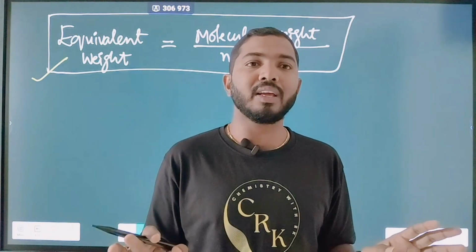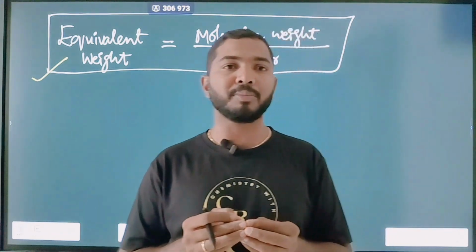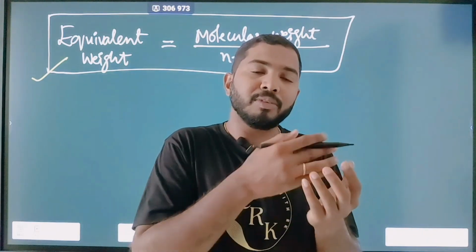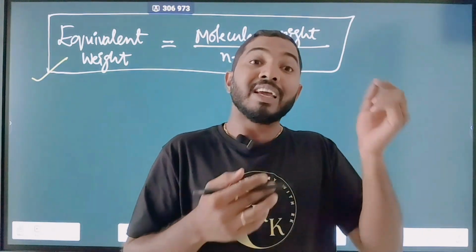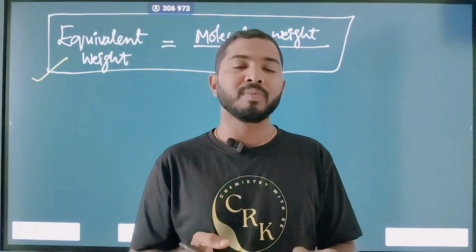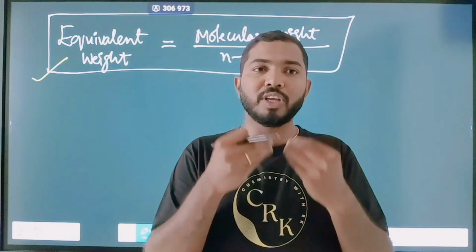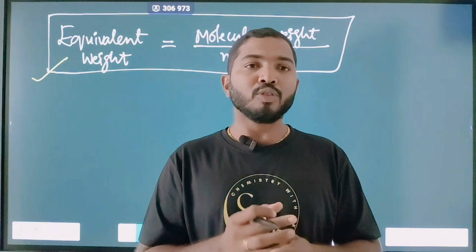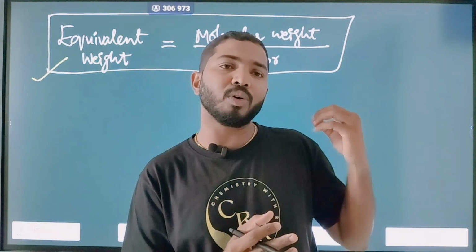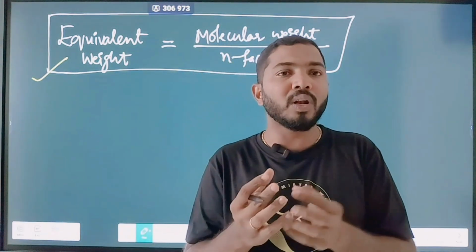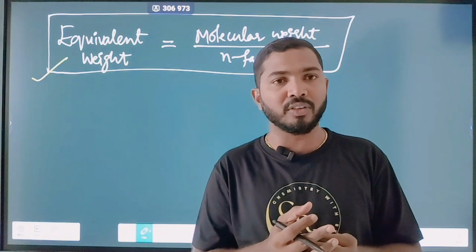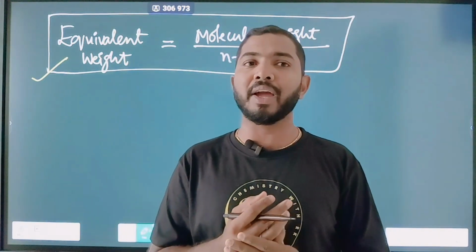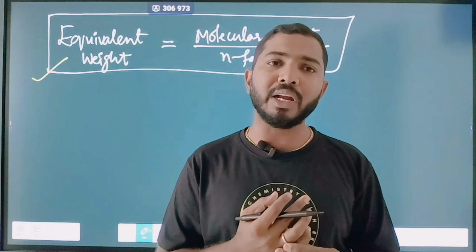Once we know the N factors of the individual oxidation and reduction reactions, then by taking the corresponding gram molecular weights, we get the corresponding equivalent weights.